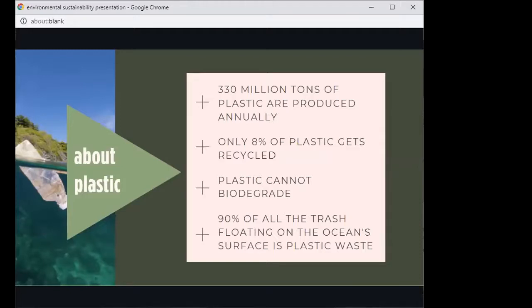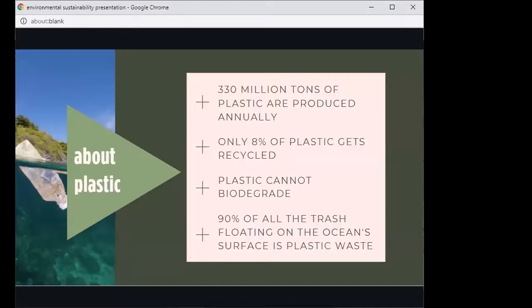I'm sure you've probably noticed that plastic has gotten a bad rap, especially lately, especially talking about things like plastic water bottles and single-use plastics. And there's a reason why we've really been demonizing plastic lately. The reason being that plastic cannot and will not biodegrade. It's here essentially forever.